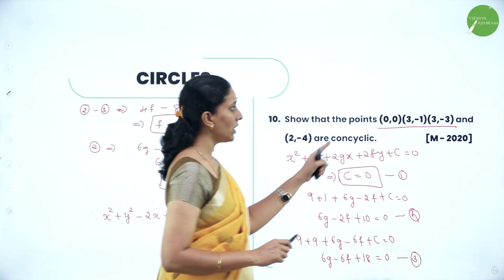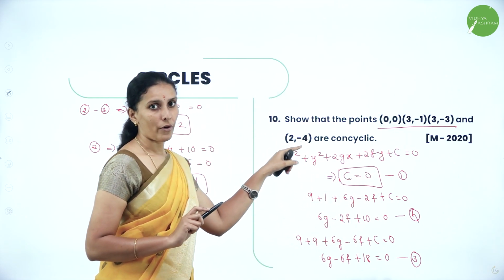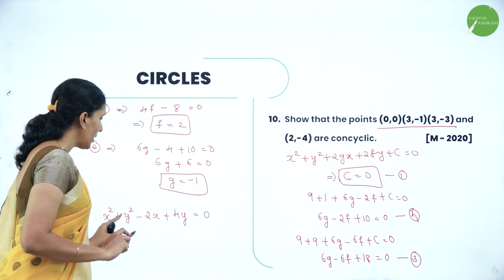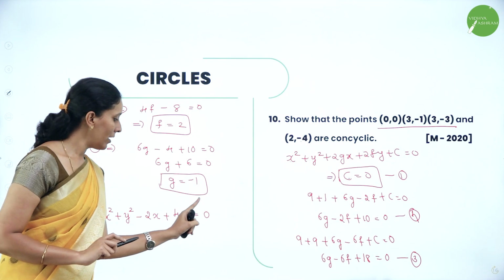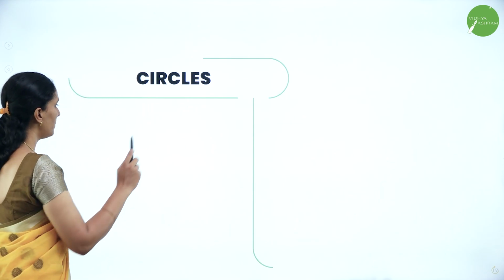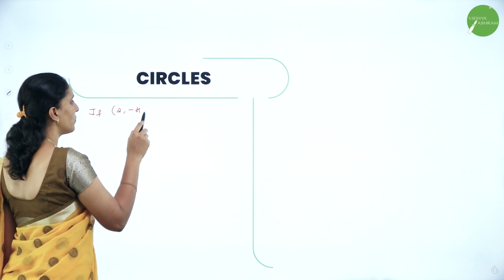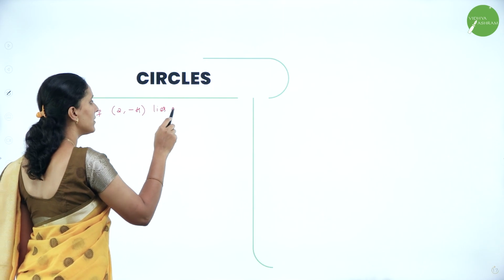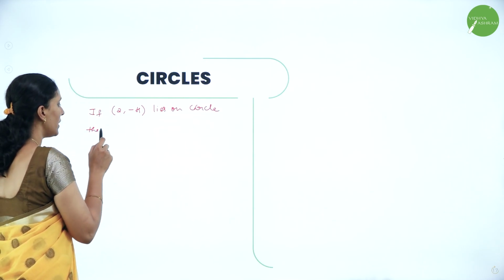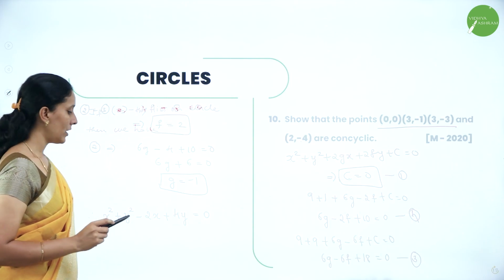We have assumed that these 3 points lie on the circle. Now let's see the fourth point. If the fourth point lies on the circle, then when you substitute the value of x and y, my result should obey the value 0. So if (2, minus 4) lies on the circle, let's see whether we'll get the equation as 0.